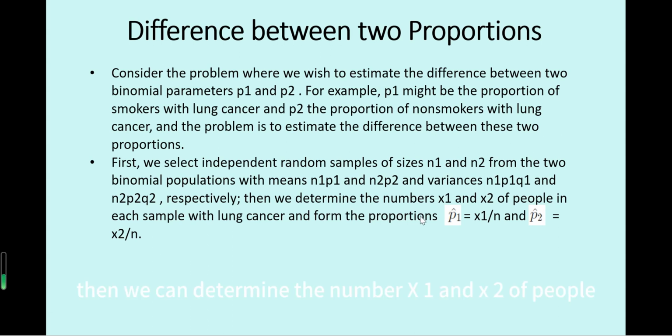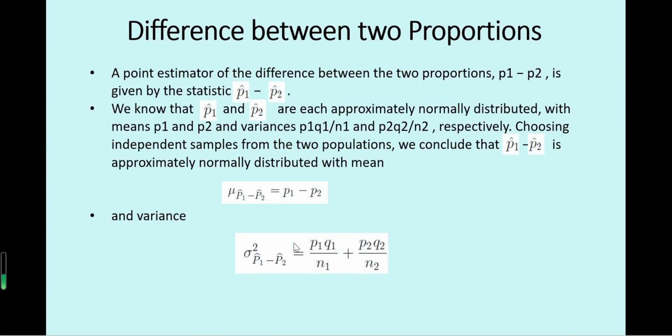Then we can determine the number X1 and X2 of people in each sample with lung cancer, and form the sample proportions P1 hat equals X1 divided by N1 and P2 hat equals X2 divided by N2. So a point estimate of the difference between these two proportions P1 and P2 is given by the statistic P1 hat minus P2 hat.